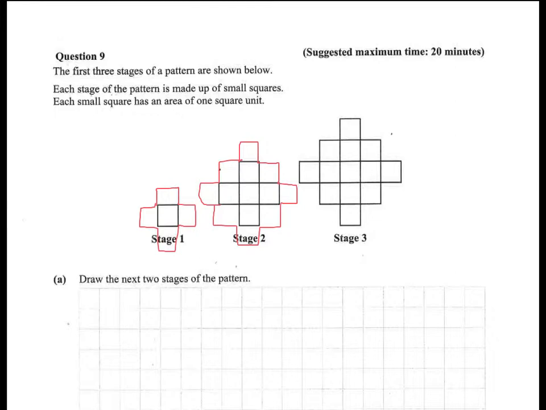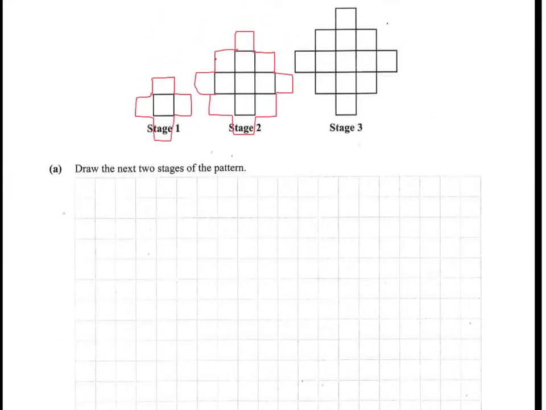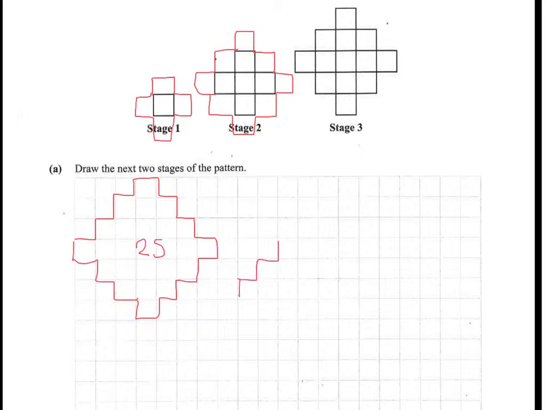And as you go through that as a process, you get the next shapes. So we have, as a result, a shape that has 25 squares, and the next one after that has 41.